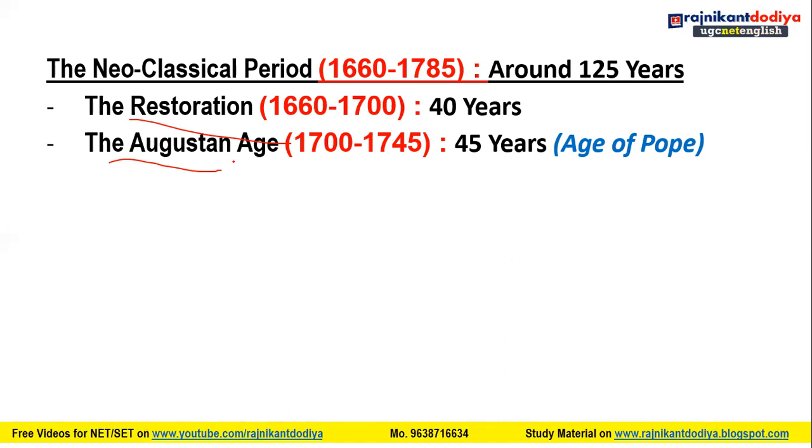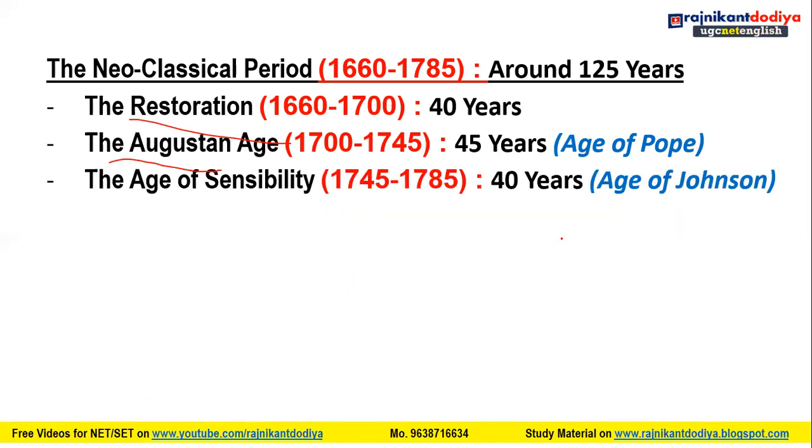Matthew Arnold was not a popular writer of this age, but he once called this particular age the age of prose and reason. Matthew Arnold called the Augustan age the age of prose and reason. So it is a very important age of the Neoclassical period.